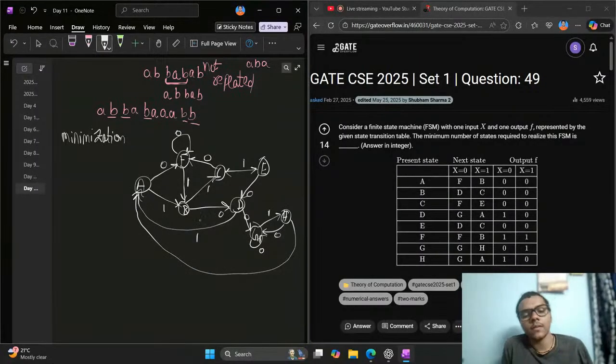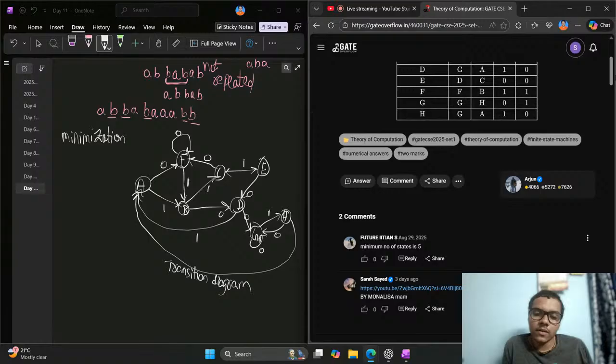Okay. So this is the transition diagram. I mean, nobody cares about it though, but I just wanted to draw this.